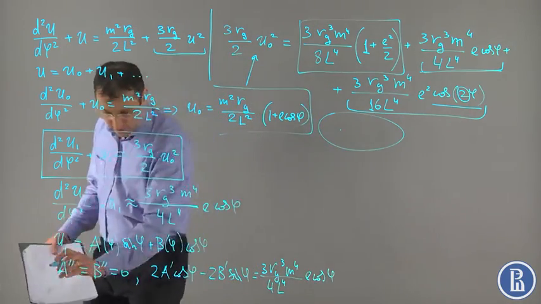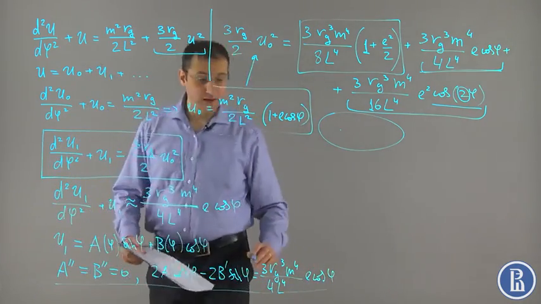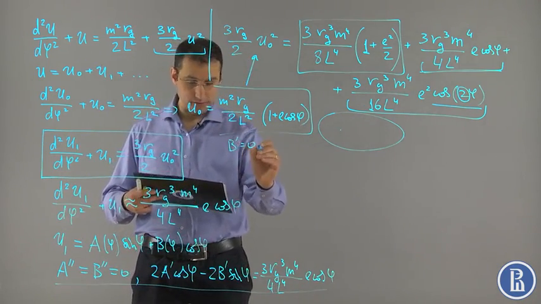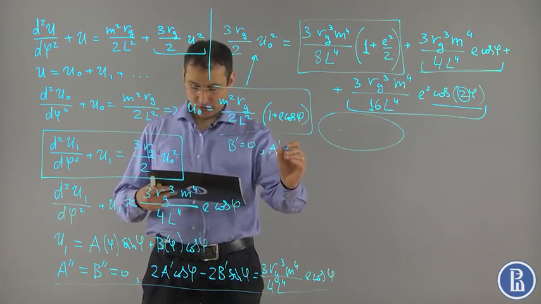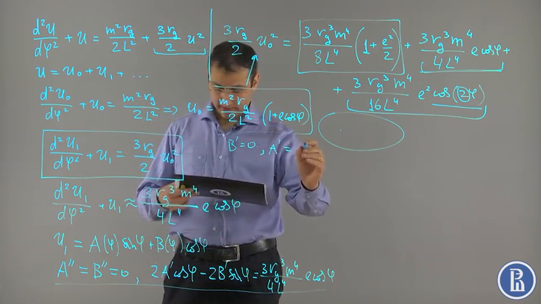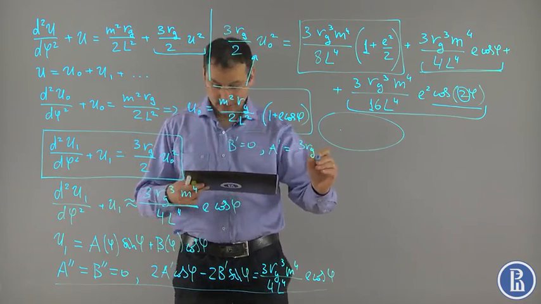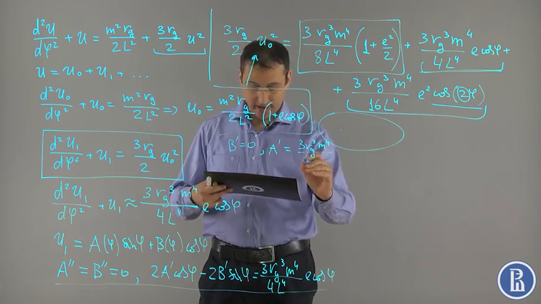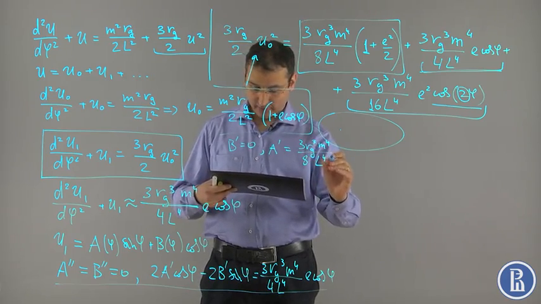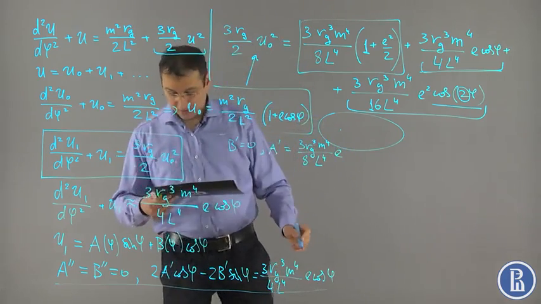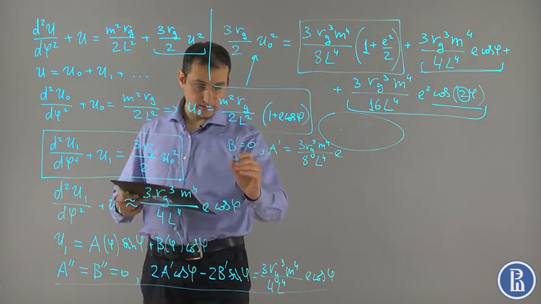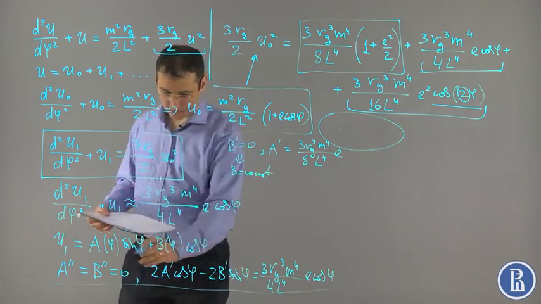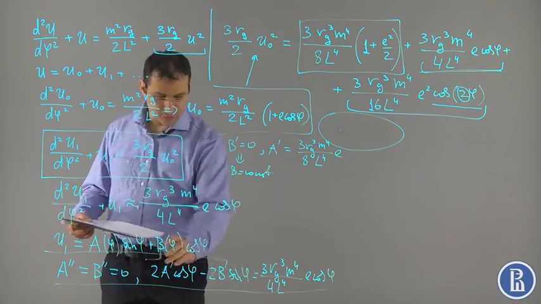From these equations, one can easily see that b prime should be 0 and a prime should be 3rg cube m to the fourth divided by 8l to the fourth e. So as a result, b is constant, and one can see from here that this is not a resonant solution.